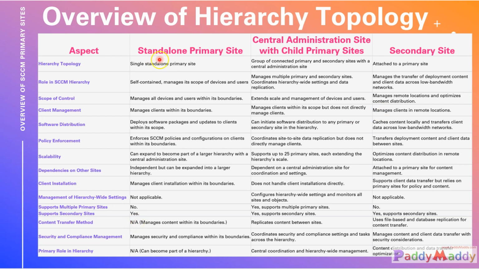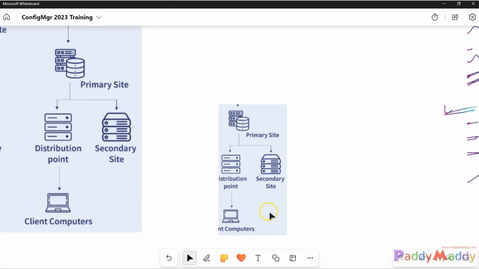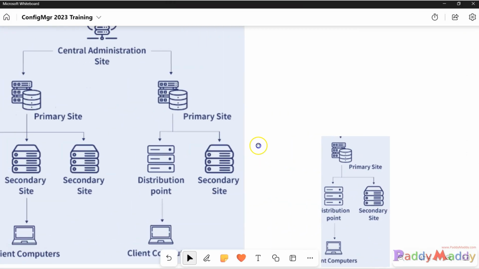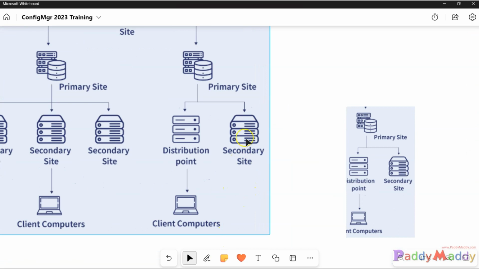So this is for the standalone primary site. Now you know the standalone primary. Now we talk about the CAS site, that's a central administration site, along with a child primary site. We know it, right? And a secondary site is a site that always reports to a primary site, but it cannot have an additional site as a child site.